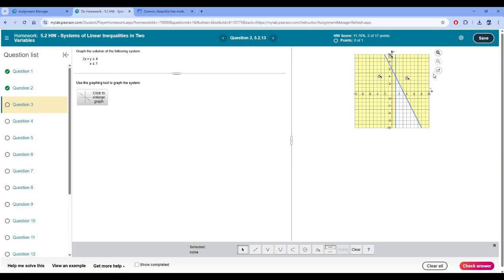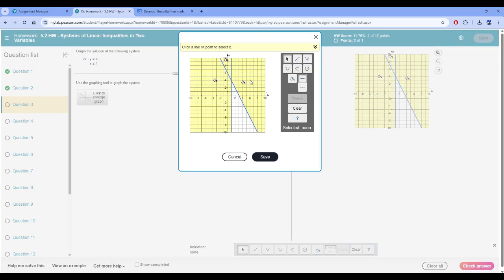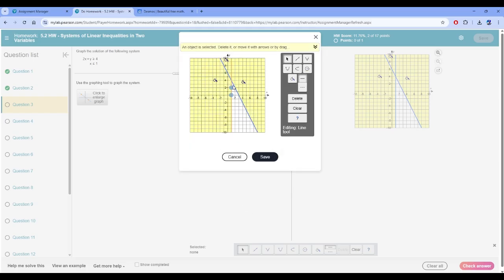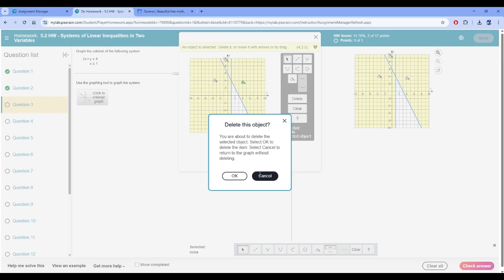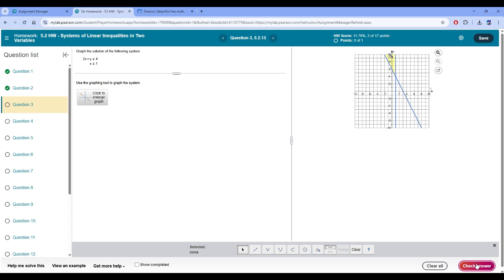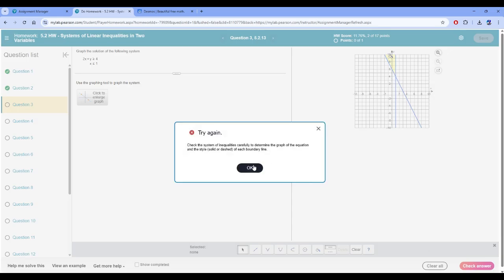Alright, I'm thinking, what am I missing? Should I be removing, maybe deleting? Let's see if I can delete these objects. Okay, so as you saw, that was the intersection. So I'm just going to leave where the intersection is. If I delete that, is this what it's looking for? Let's check. No. Check the graph of the inequality.